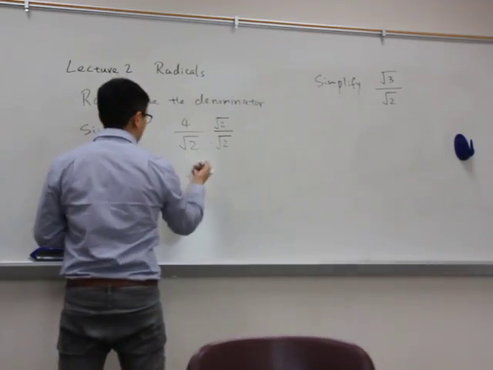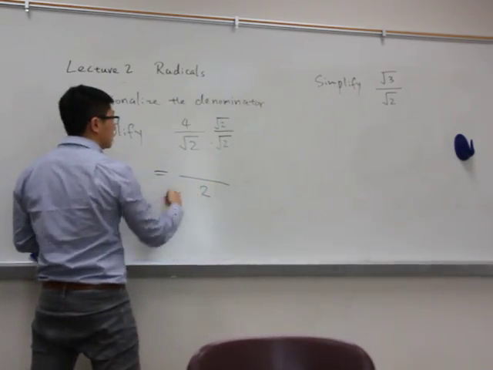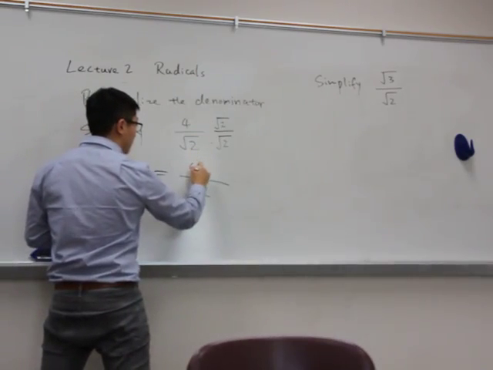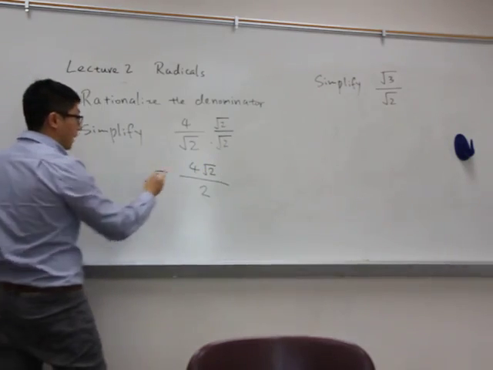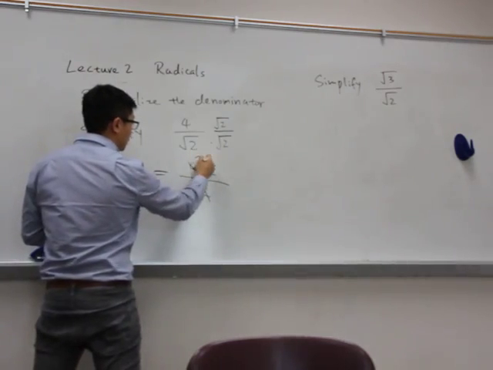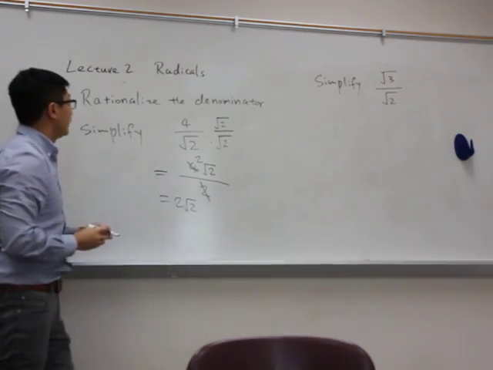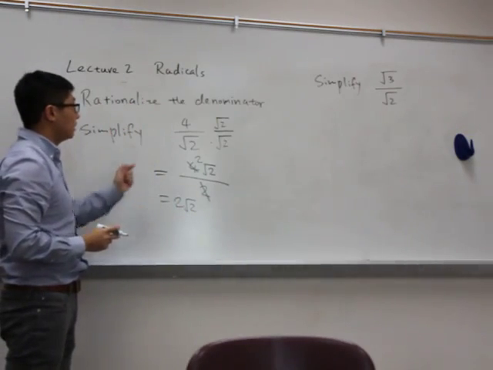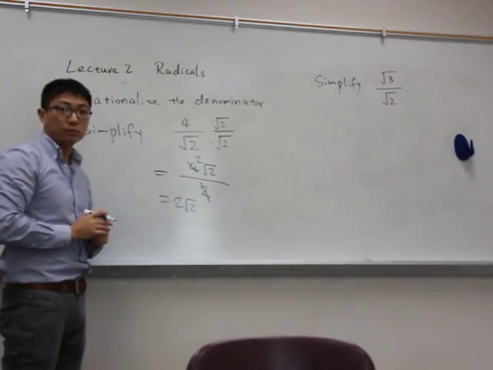So after I do this, now the denominator becomes 2, and the numerator becomes 4 times the square root of 2. And since 4 and 2 have a common factor, so after we rationalize the denominator, the answer is 2 times the square root of 2.